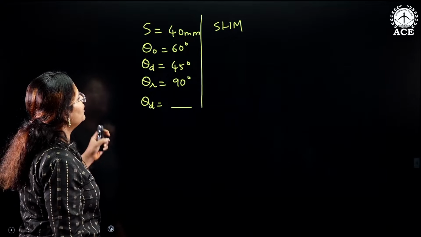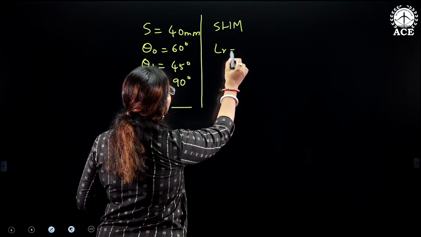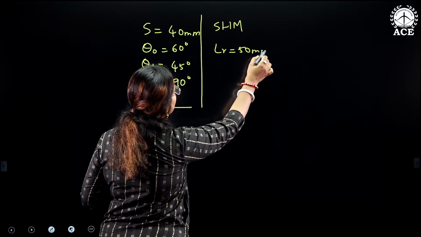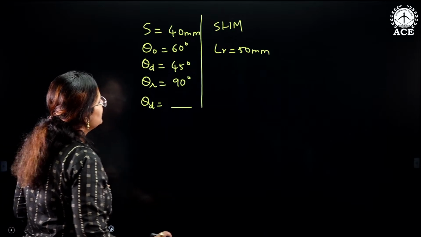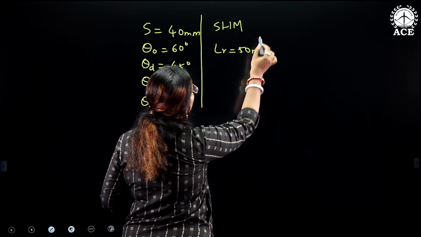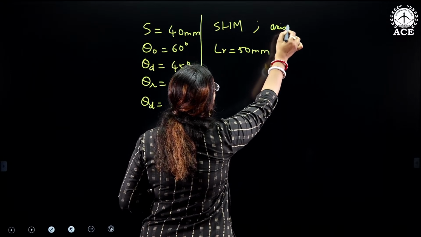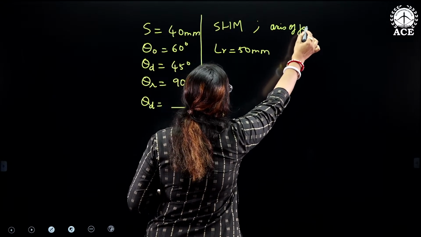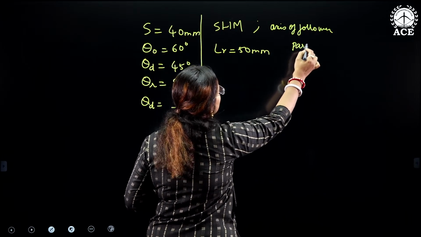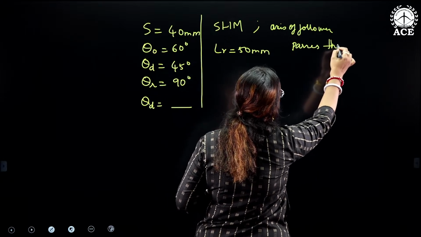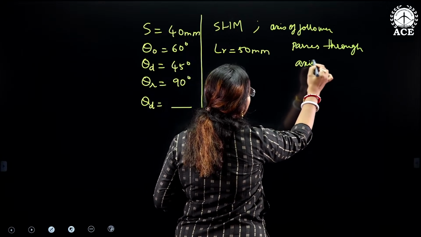Then you also have the least radius, given as 50 mm. That's it. Of course, this also says that the axis of the follower passes through the axis of the cam.